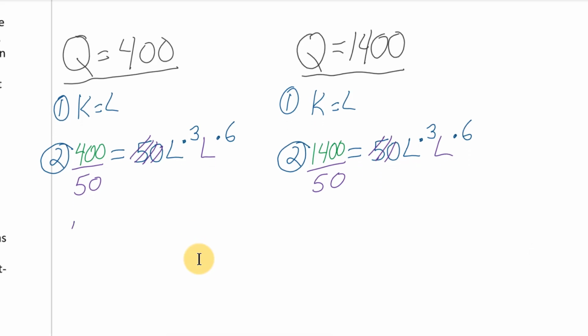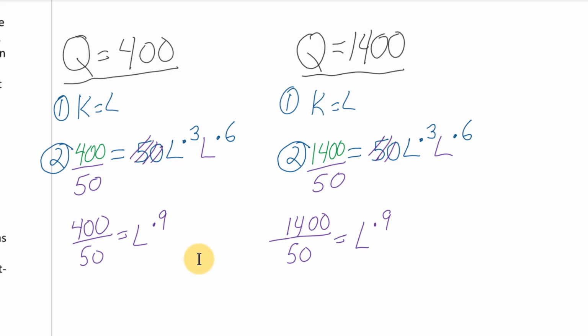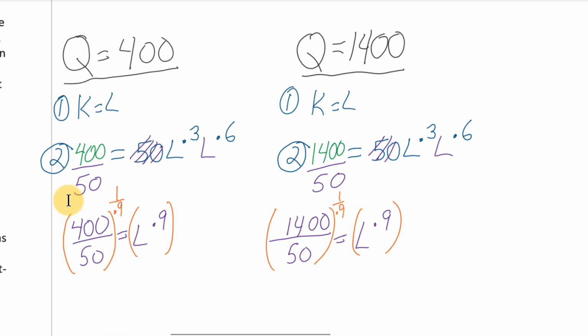And so we're going to have 400 over 50 equals L to the 0.9. And then what are we going to be doing to solve this? Raising both sides to the 1 over 0.9 power, which is 1.11111. Now, I left the 400 over 50 here intact instead of simplifying it so that we can see what's going on here.